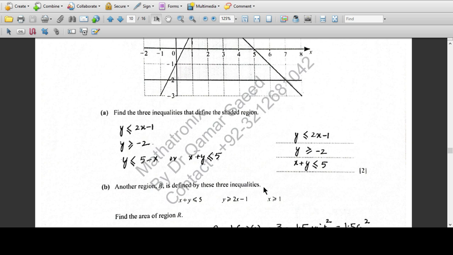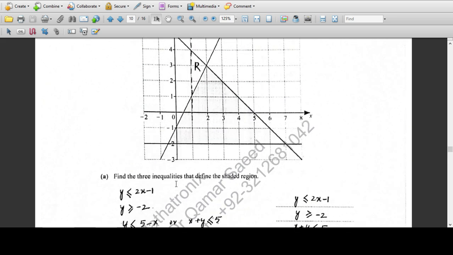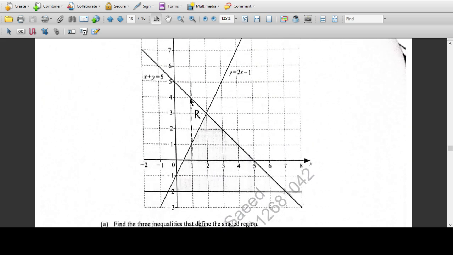Now for part B, the area of this region. We can see from here to here we have 3 units, and 1 unit is equal to 1 centimeter. So the base is 3 centimeters and the height is 1 centimeter.